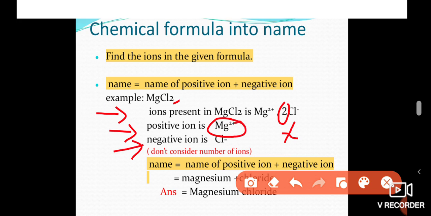Mg2+, magnesium, isn't it? And what is the name of Cl-? Chloride. Okay. So the positive ion name is magnesium and the negative ion name is chloride. Now we merge. What do we get? Magnesium chloride. So the name of MgCl2 is magnesium chloride.